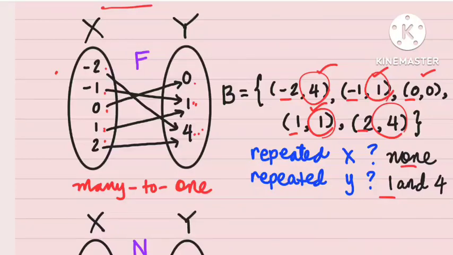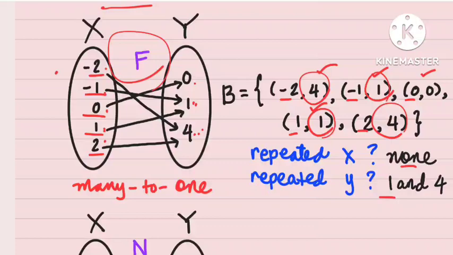So when there is a repetition in our y coordinates, can we still say that the list of ordered pairs illustrates a function? The answer? Yes, because the correspondence is still many to one, which means every element in the domain is connected to only one element in the range.